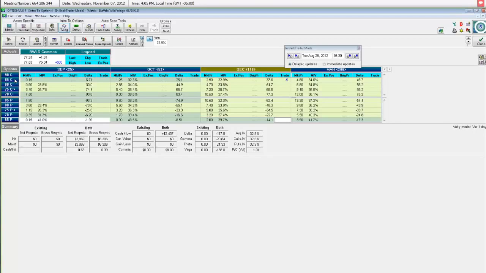You'll see that this says 85C. What that means is that this is the December 85 call. So the strike price is 85. Now the market's at 77, so this is 7.5 points higher for the call.